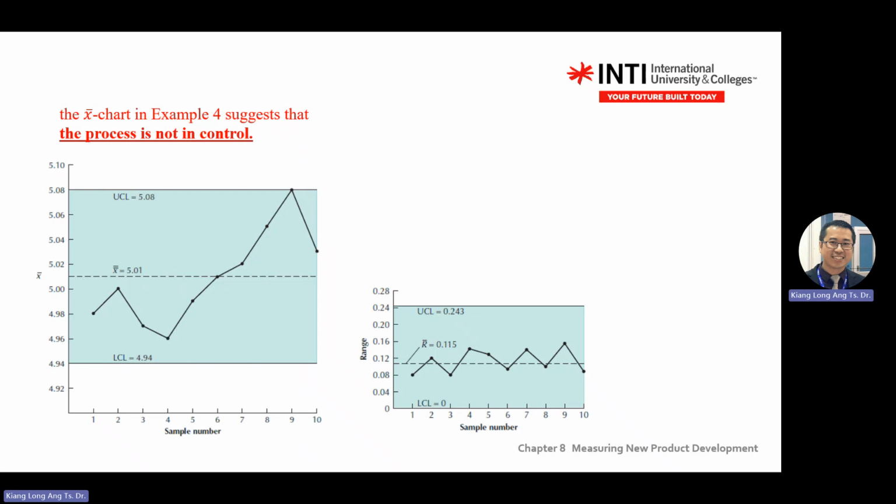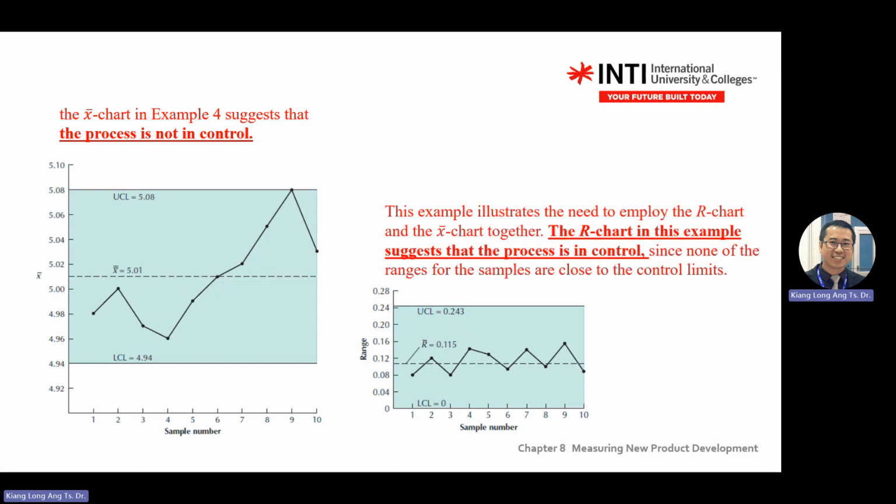The process is going up already and 1 point is touching the line, so it's out of control already. However, the R chart in this example suggests that the process is in control, since none of the ranges is close.